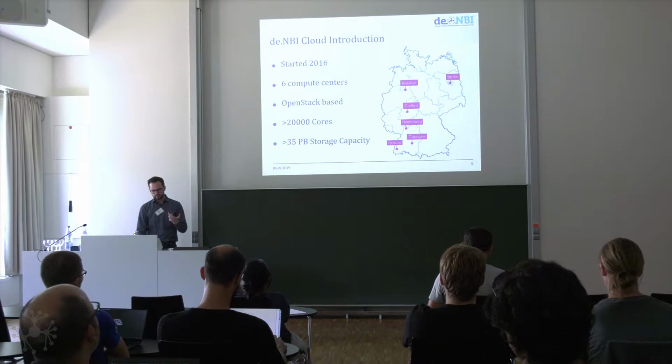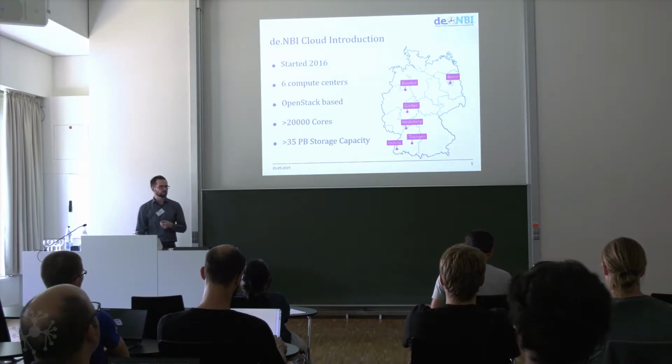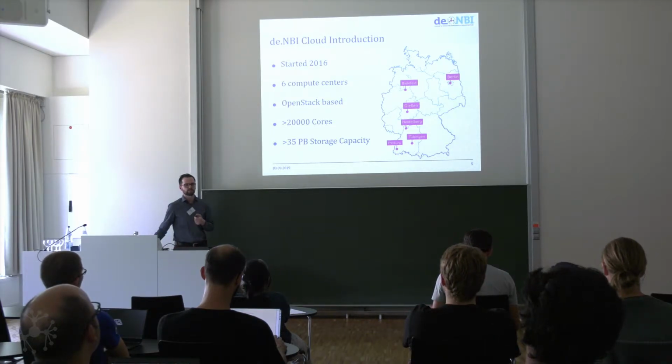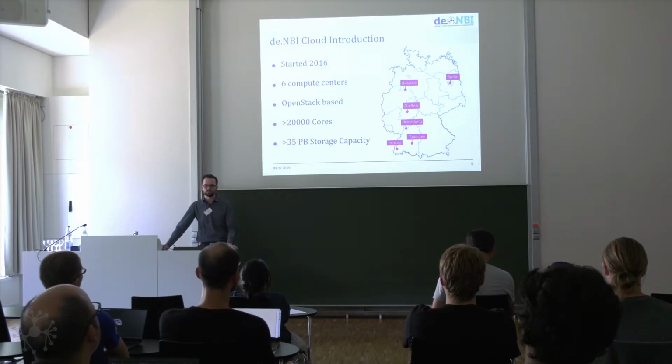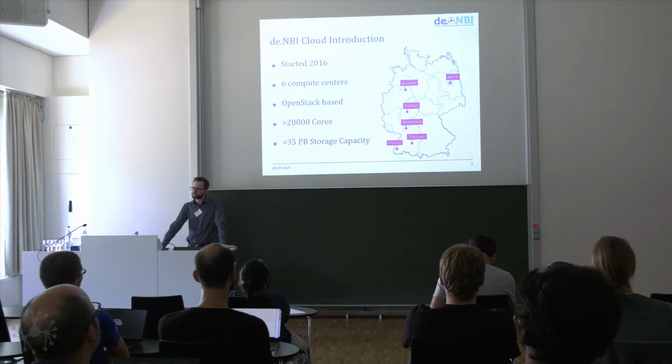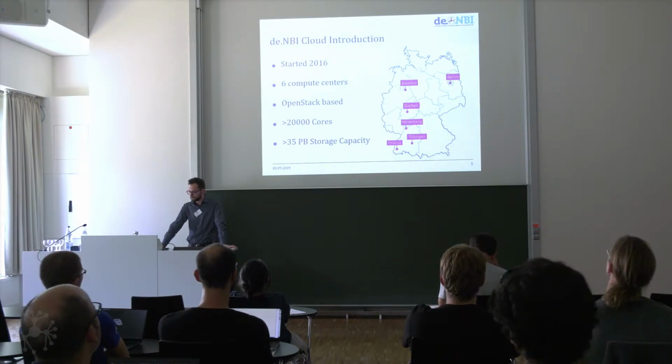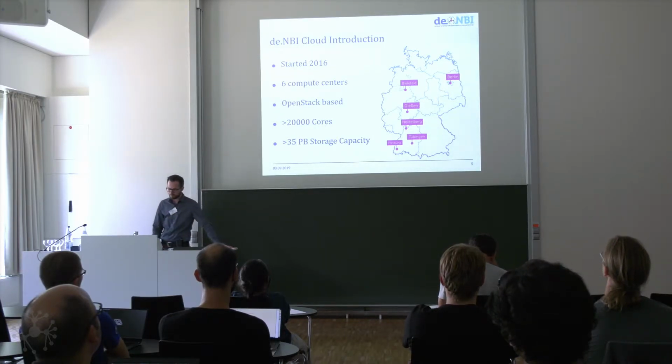The de.NBI Cloud started in 2016. That's when we started to buy hardware. And I think at the end of 2017, the whole Cloud Federation went into production. It currently consists of 6 cloud sites. Since June, I think, we have a new cloud site in Berlin.